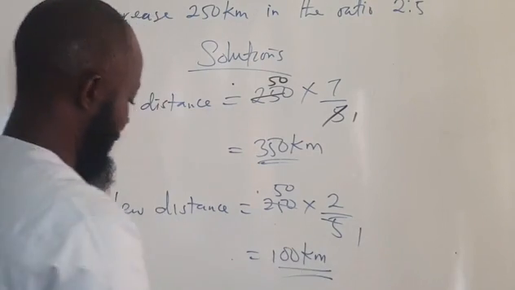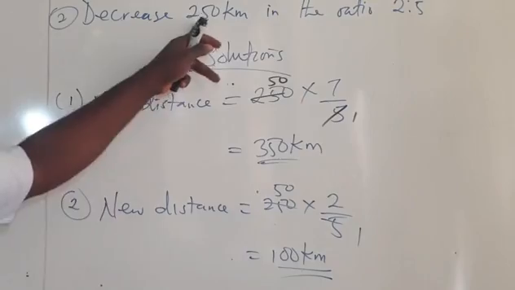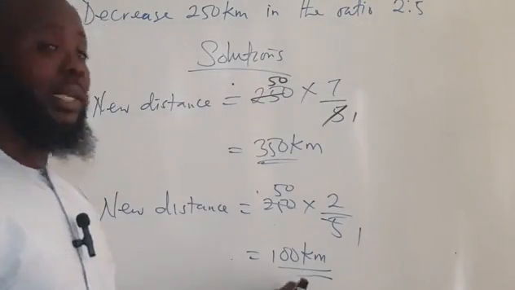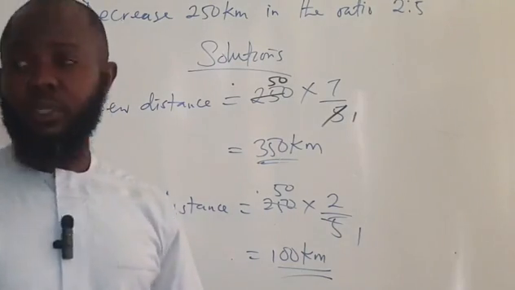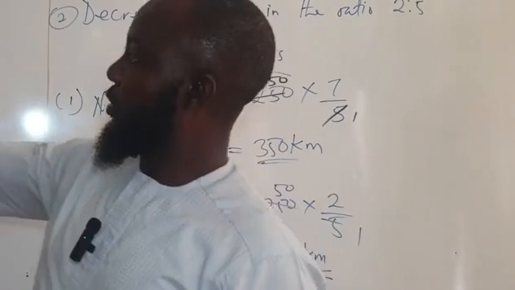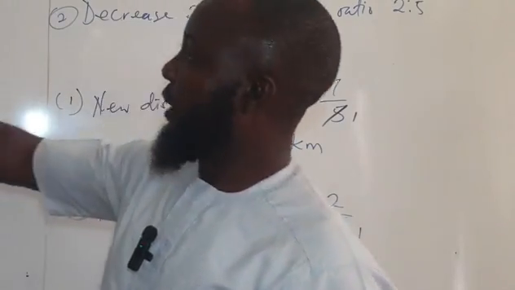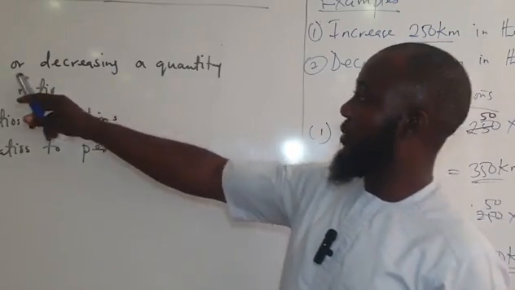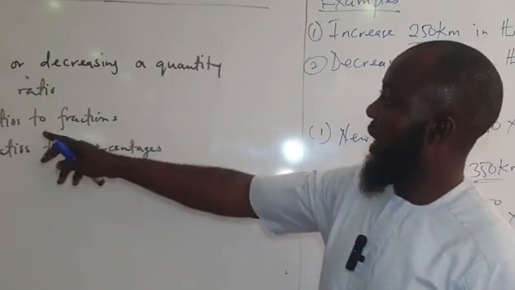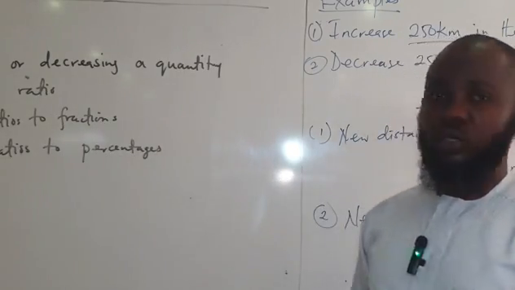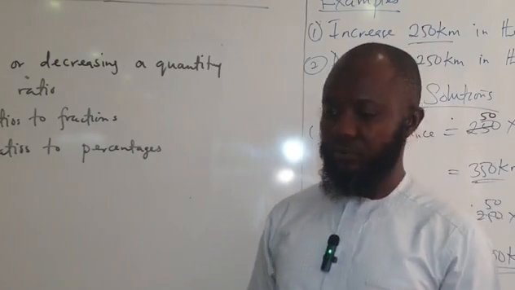So we have reduced these 250 kilometers in this given ratio. Our answer is that the new distance will be 100 kilometers. At least we'll be able to explain this and solve questions on increasing or decreasing quantities in a given ratio. So let's now look at how to change ratios to fractions. That's the next thing.